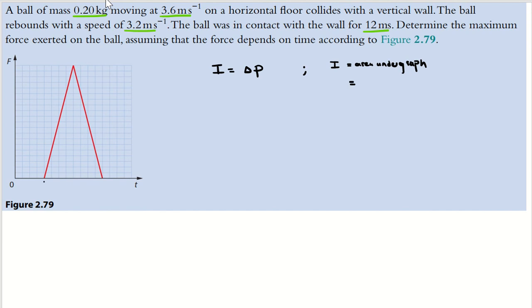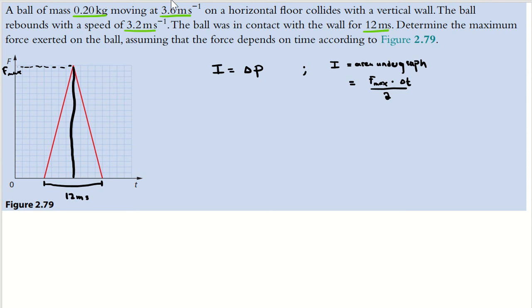So it's the base. So this base is the 12 milliseconds. So you have, of course, you have to convert it to second. And the height of the triangle, it's this height right here, this is the F max that he's asking for. So the area under the graph is F max, the height, times the base, which is the delta t in this case, over 2.